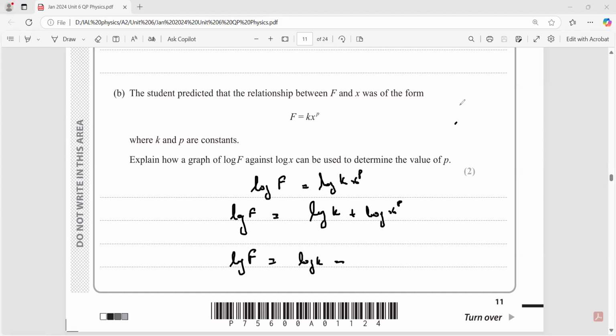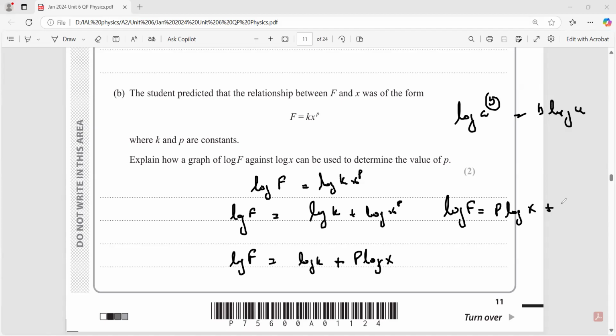In a log, if it is log a raised to the power b, this becomes b log a. So log x raised to the power p becomes p log x. If I rearrange the equation, log F equals p log x plus log k.